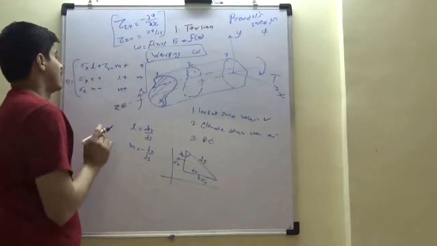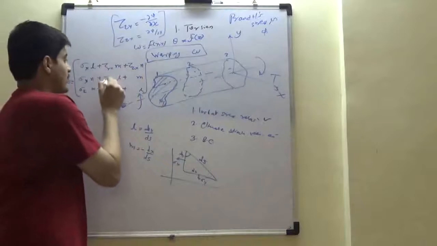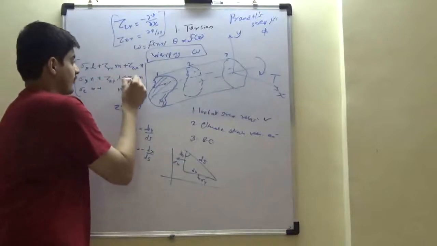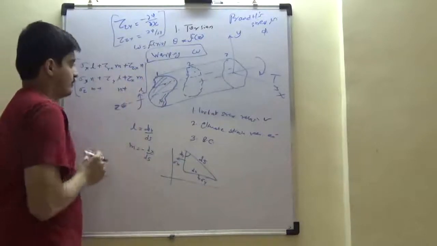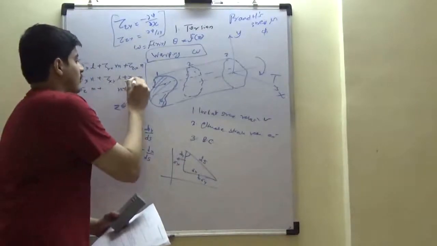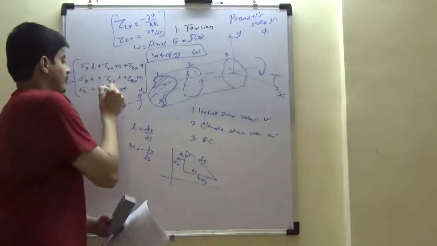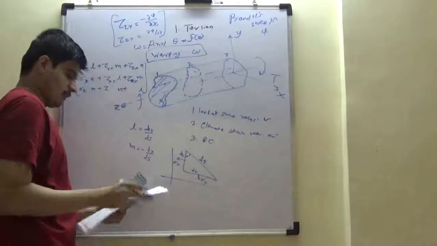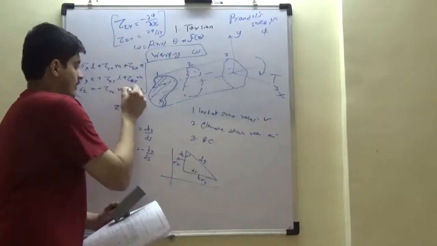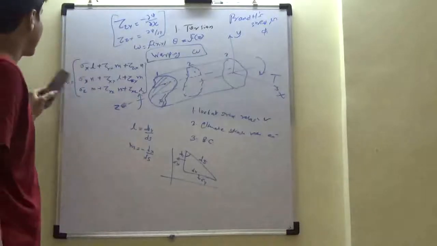All forces in x direction. All forces in y direction. Sigma XY, because it is L, and ZY. Right? Here what will you get? Tau YZ, tau XZ.